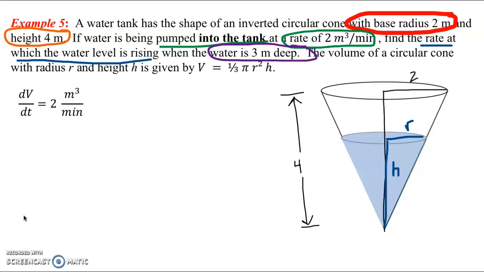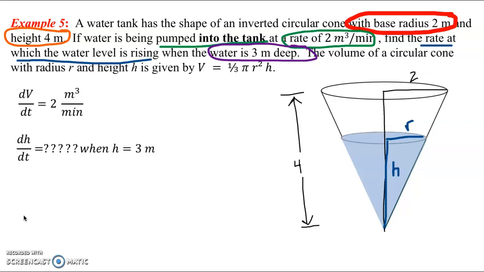Now, they told me the water at this point is 3 meters deep. Well, what is that? That is the height of the water in the tank, but I can't label the h with 3 just yet because that height is changing. It's a variable, so I have to label it with a variable.